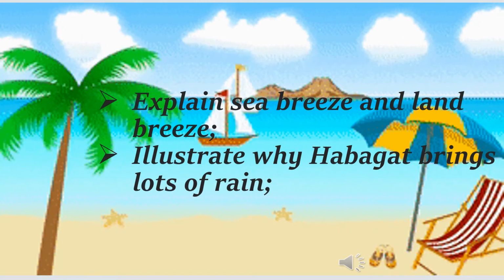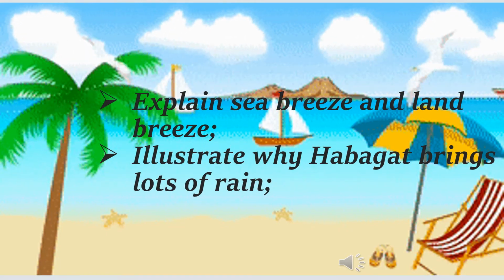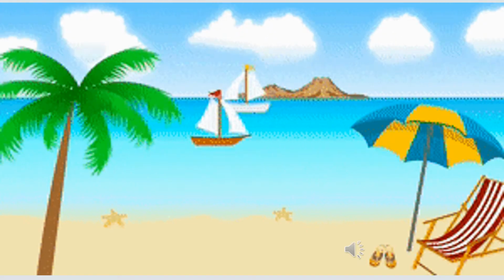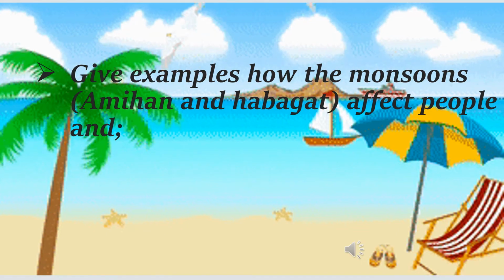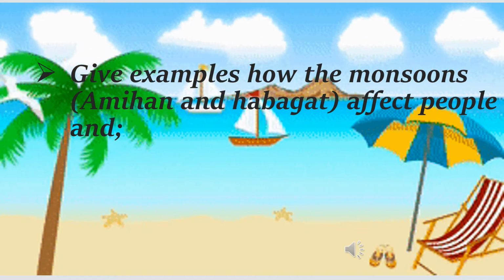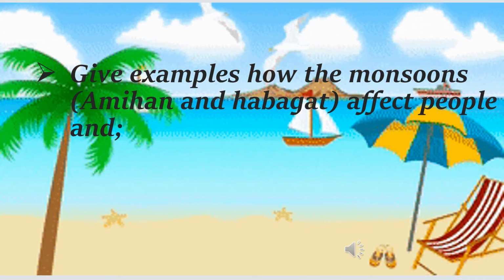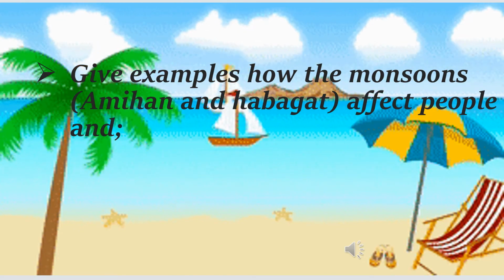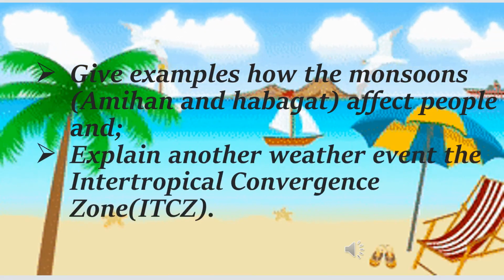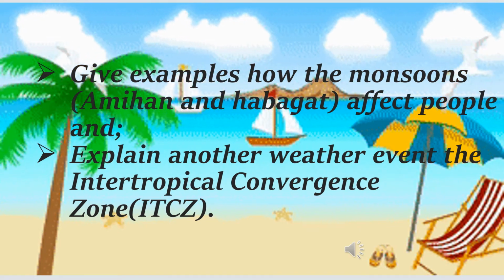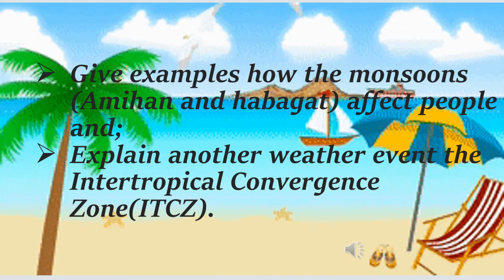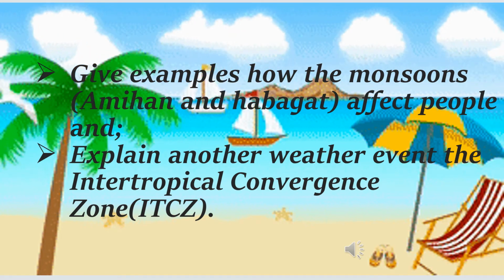Illustrate why habagat brings lots of rain. Another one is give examples how the monsoons, amihan and habagat affect people. And explain another weather event, the Intertropical Convergence Zone, also known as the ITCZ.